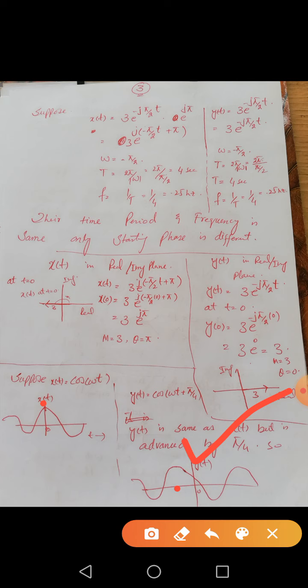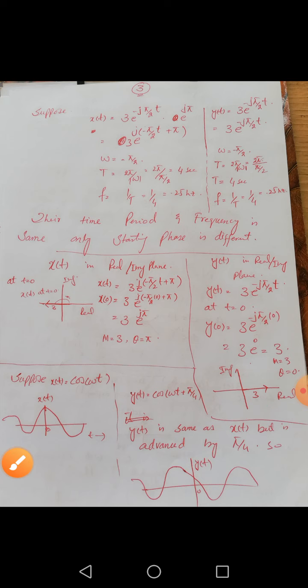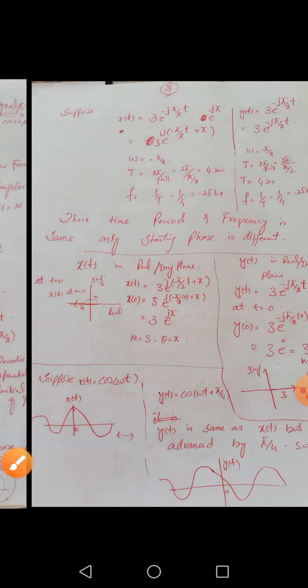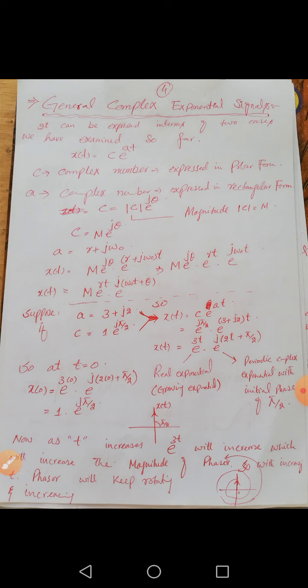So think over it. It is very simple but very important. We call this the phase. Here the starting phase is pi by 4. So this is all about phase and the complex exponential signal.